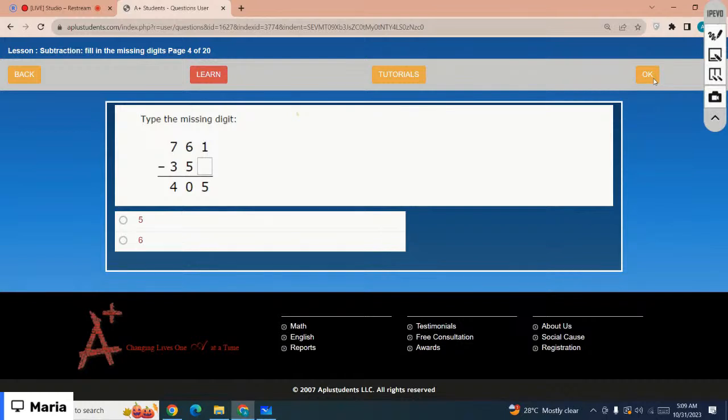The missing number is 6, right? 11 take away 6 equals 5, right? So the missing number is 6.